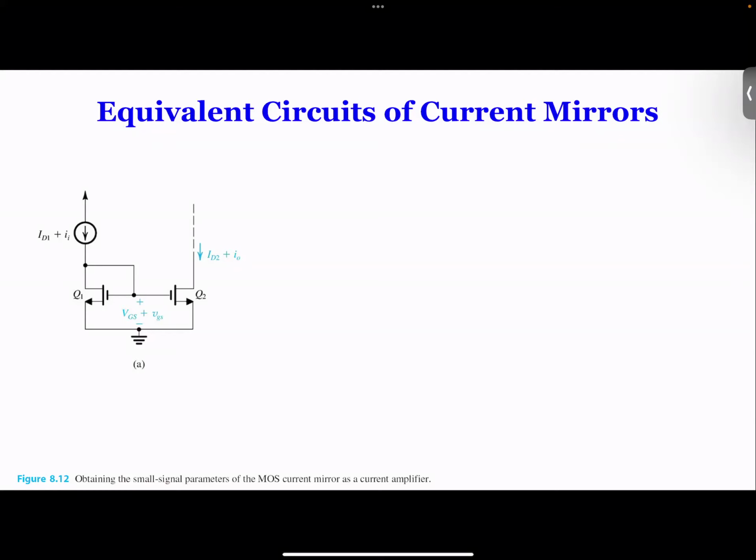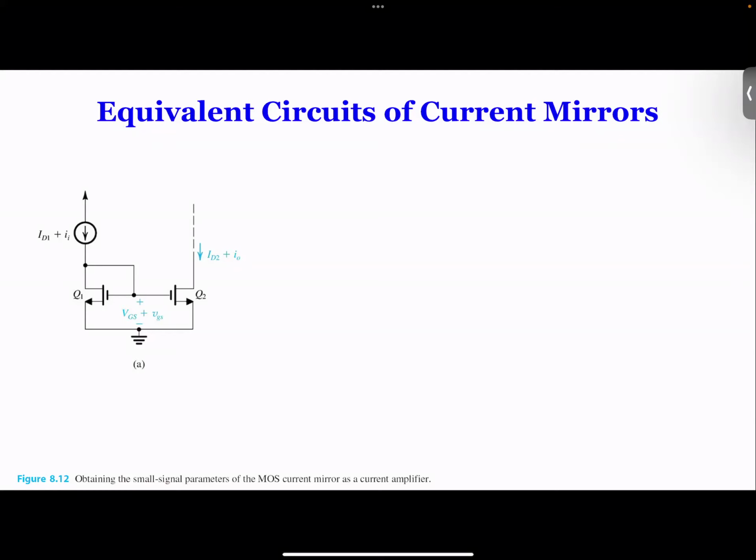So when we use the circuit for small signal, a small signal is going to be added on top of the DC biasing. That's why here you see I_REF is a reference current. We add another, a small lowercase i, to show that at some point you're going to see a small signal added to the reference current.